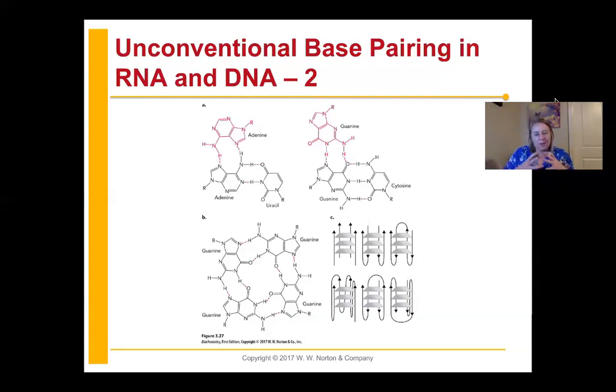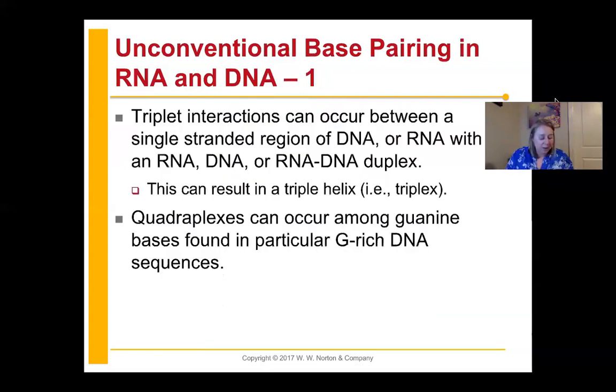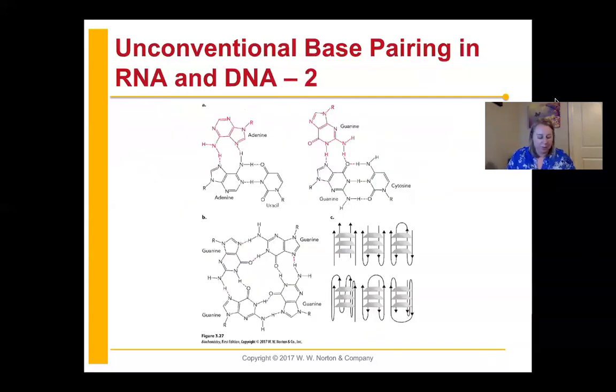Like you're going to form these things when you're trying to regulate transcription, right? When you're trying to maybe block a site, or it's a structure that's required for RNA processing, or it's a structure that's required for the assembly of a nucleosome. Sometimes it's in DNA repair. DNA repair is some really interesting things. The quadruplex, this one is typically only for transcriptional regulation, but our triplet has quite a few other purposes.